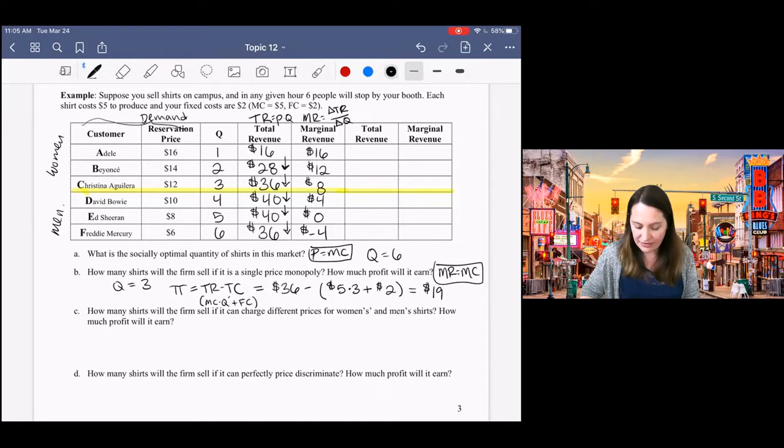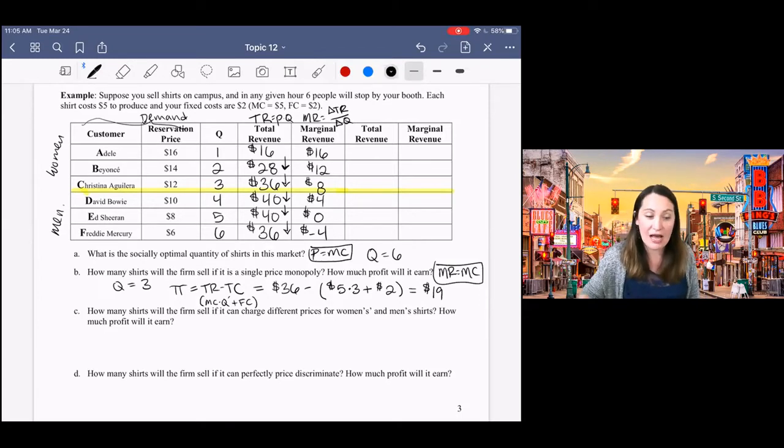All right, so now that we have our two groups, we're just going to do exactly the same thing that we did before. We're going to calculate total revenue and marginal revenue, but we're just going to do it separately for each group. Because I can charge one price to men and one price to women, we have two separate markets, so I'm going to treat them separately, and I'm still going to maximize profits by producing as long as marginal revenue is greater than marginal cost.